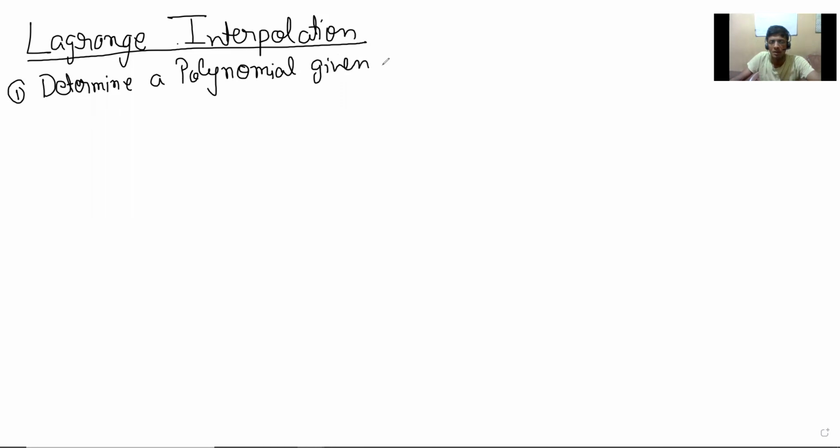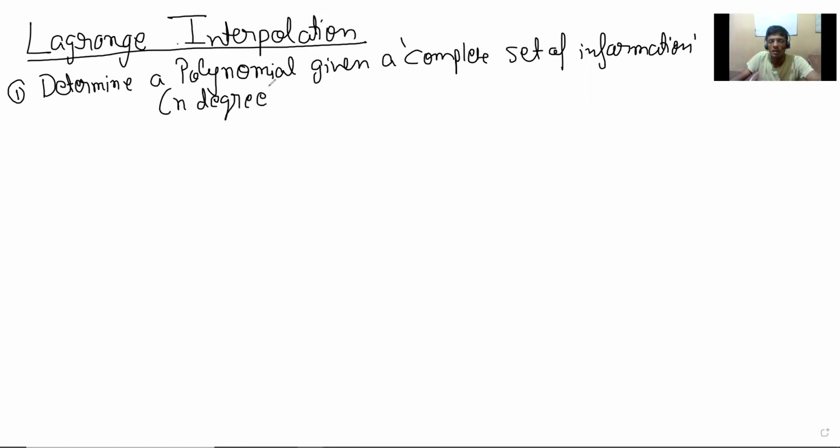given a complete set of information. So just to make us think in a little broader way, can you tell me what would constitute a complete set of information? Let us say this is degree n.